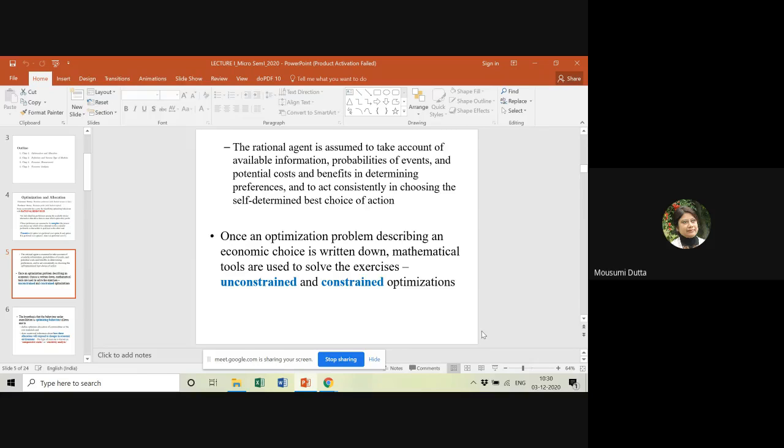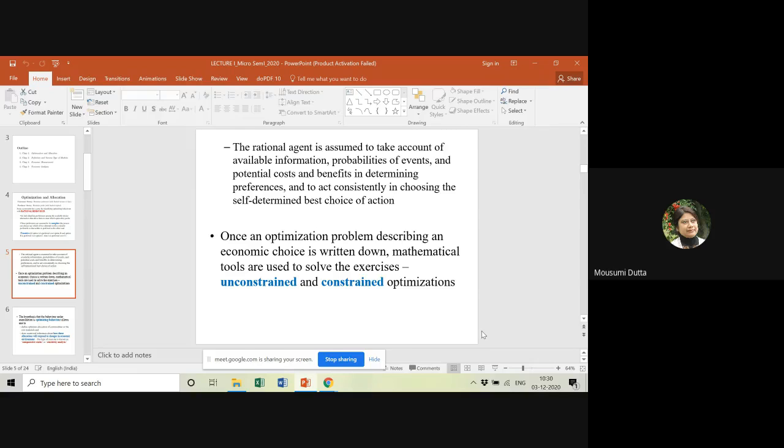In deciding on, you will learn economics at the Department of Economics, Presidency University. Okay, and you feel that this is the best choice of action. Okay, so this is the concept of rationality or rational individual.